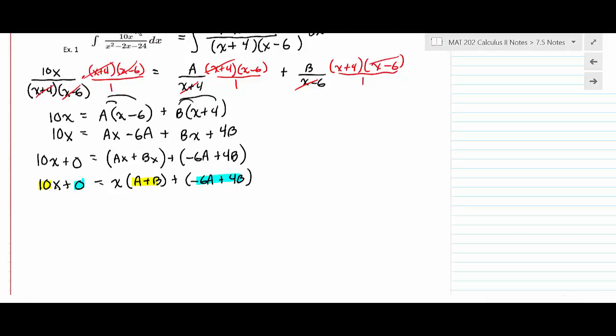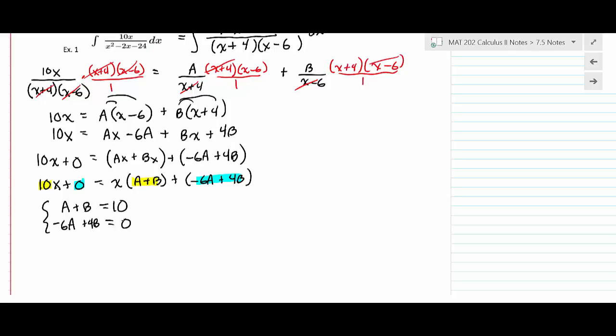So that's your system of equations. Let's write that down. We got A plus B equals 10. Then we have negative 6A plus 4B equals 0. So you've got to solve that system of equations. You can do substitution. Elimination is what I do most of the time.